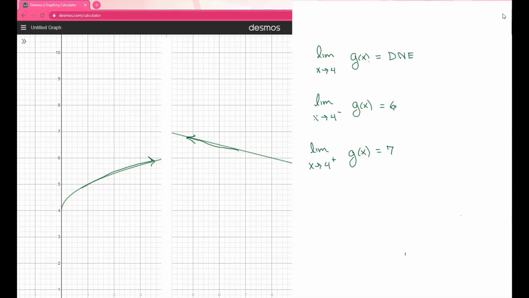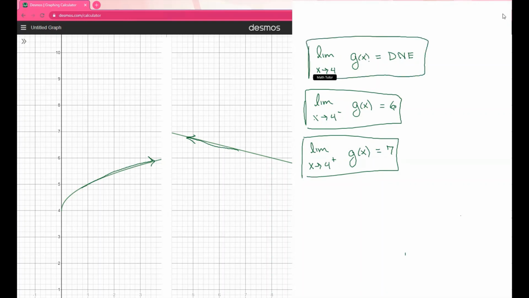Now you might be asked, what is the limit just from the left or the limit just from the right? In which case you can find those. But if it's asking for the overall, what is the limit as x approaches 4 of g of x, it does not exist, once again, because it does not approach the same number from the left and the right. Therefore, we cannot make an educated guess what we think the function would be by looking at everything else.